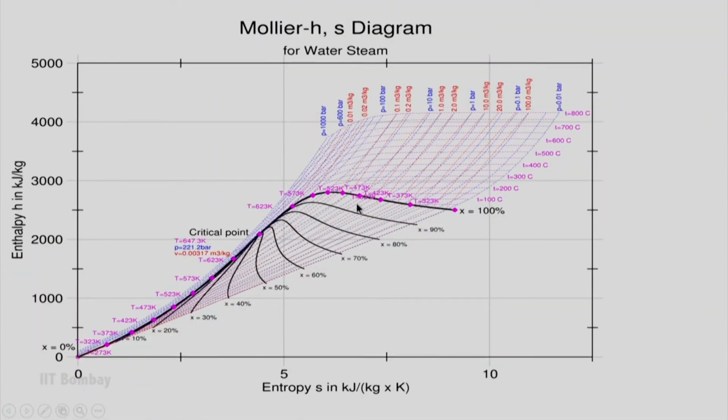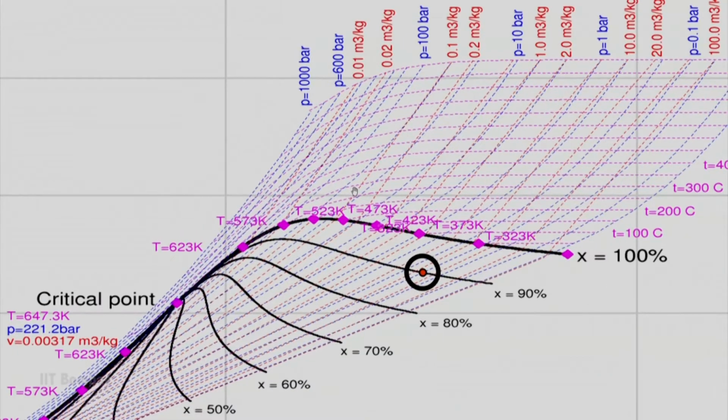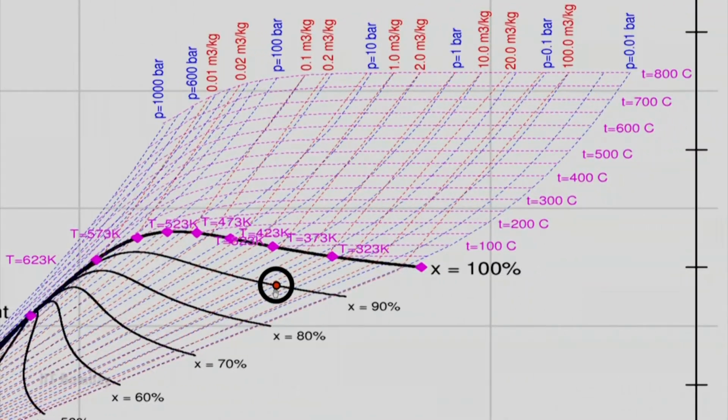Let us now locate one point in order to demonstrate how I extract values from this graph. Let us take a point like this and go close to it to see the different things one can read. One can see from this graph that this point is x is equal to 0.9, alright. Also, if I look in this direction, I can see this is close to 323 Kelvin.